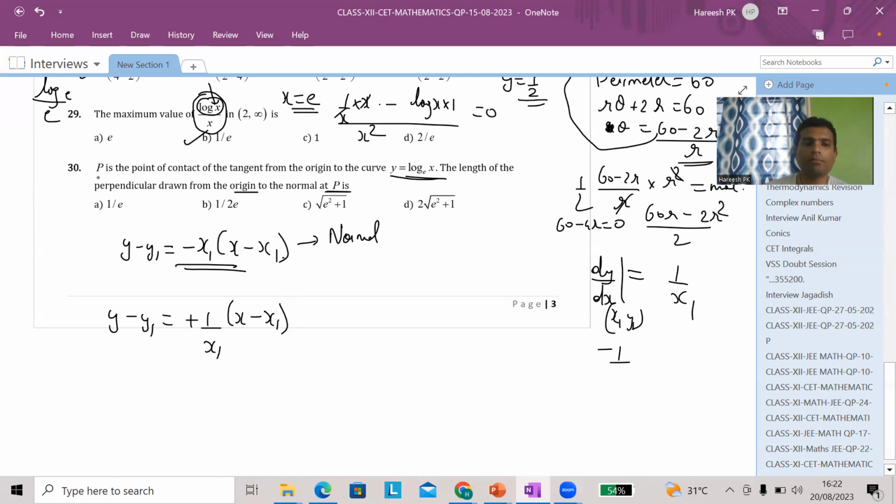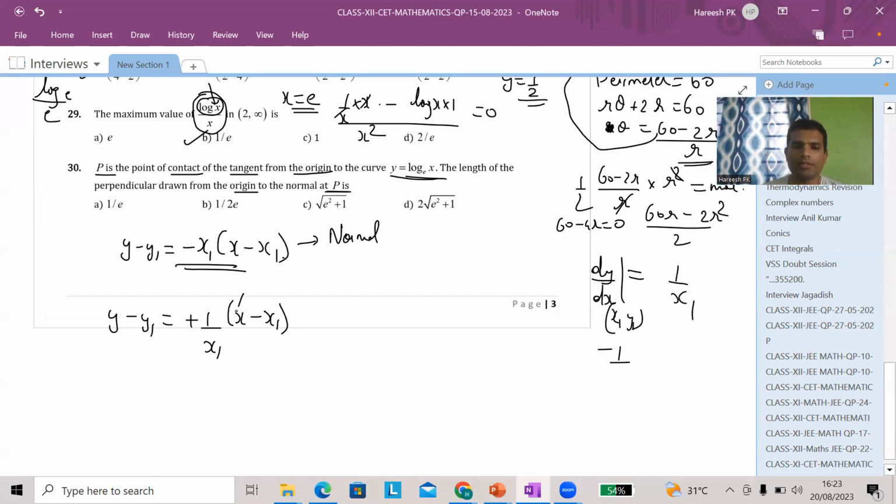Since P is the point of contact of the tangent from the origin, that means the tangent at P passes through the origin. That is another way of saying it.